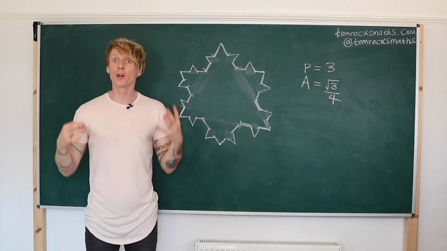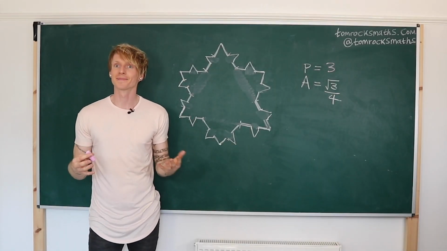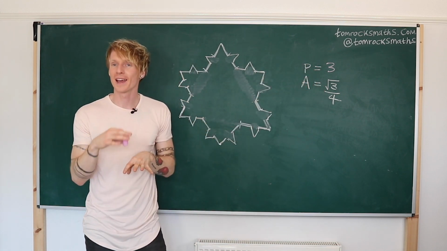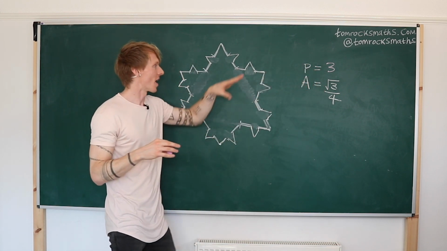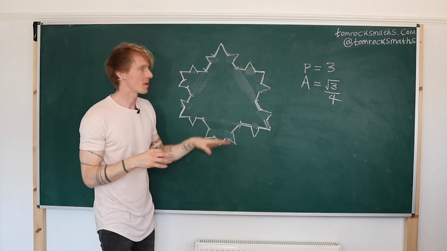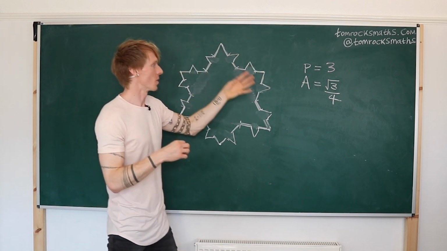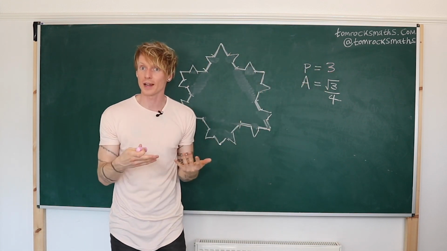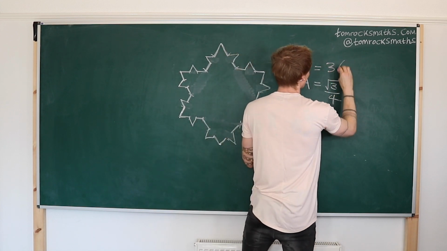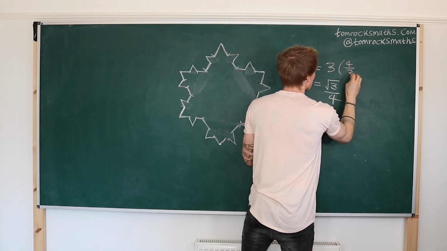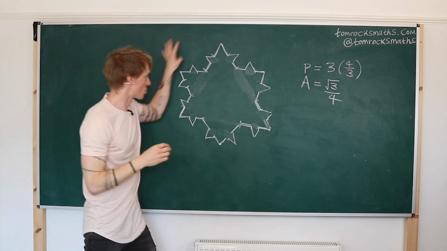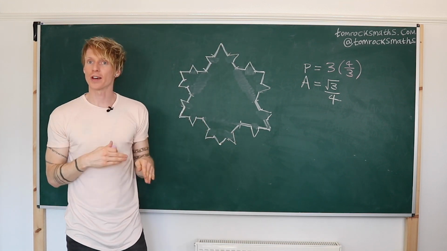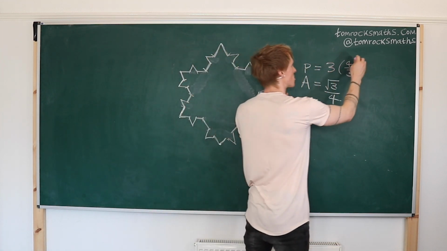So what this means overall for our total perimeter is that at each step we take our old value and multiply by 4/3. So at step n equals 1, when we had the star shape, we would have total perimeter equal to 3, the old value for the equilateral triangle, multiplied by 4/3. And then at step 2, which is the one drawn here on the board, we multiply again by 4/3. So that would be 4/3 squared.